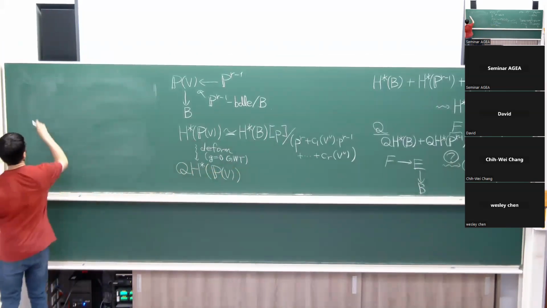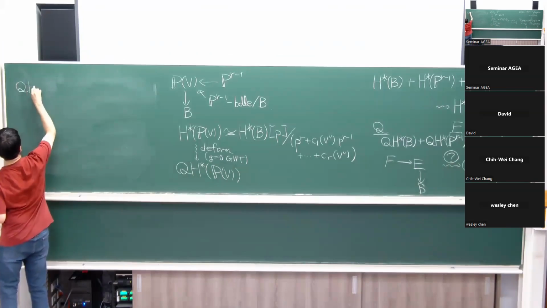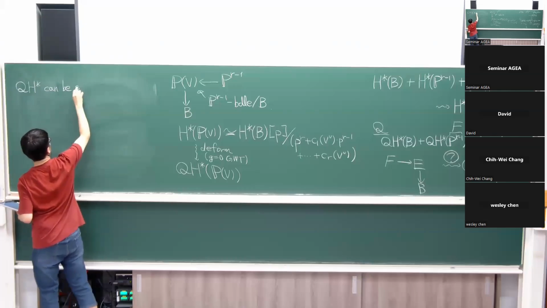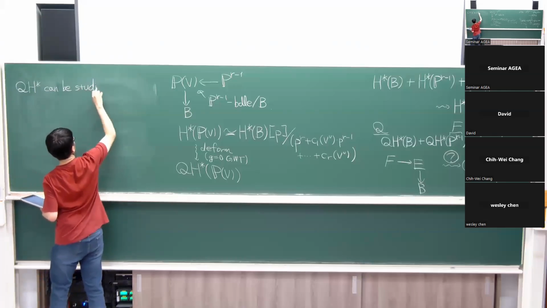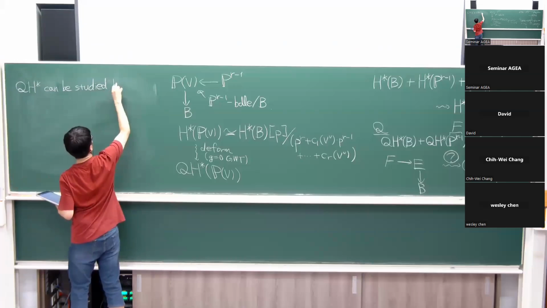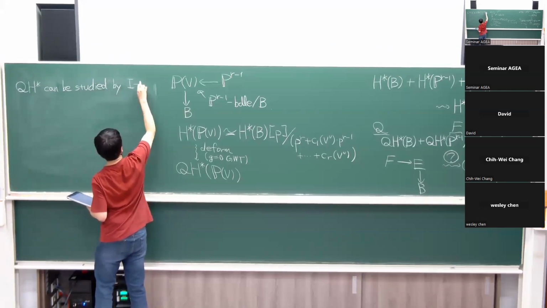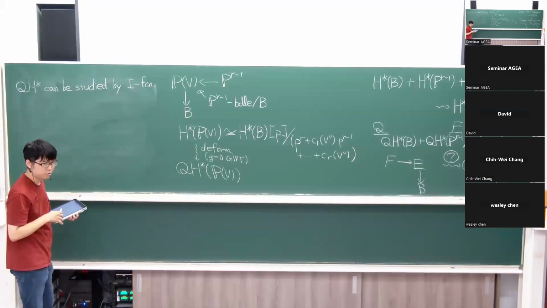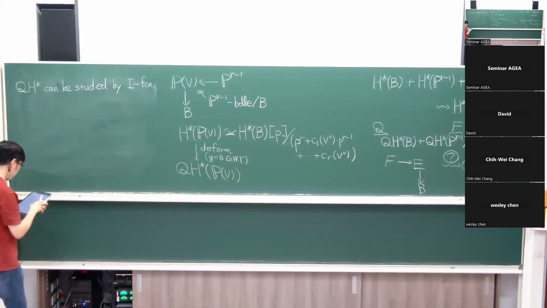The quantum cohomology can be studied by the I function. I will explain later. The I function is some kind of generating function of Gromov-Witten invariants.